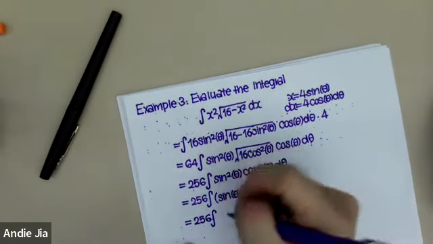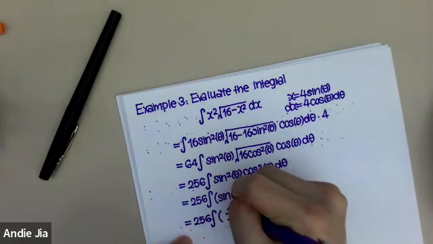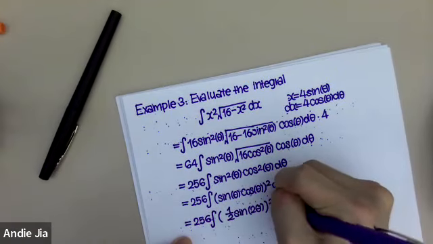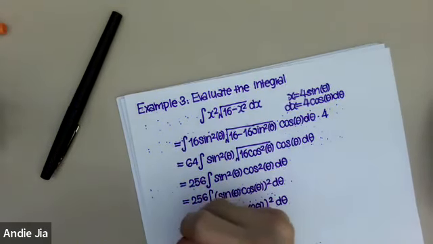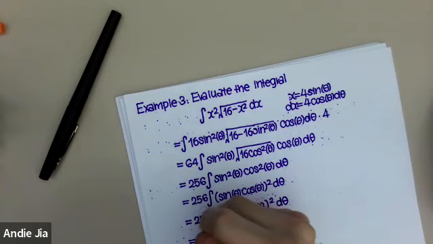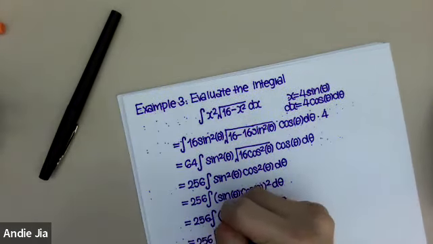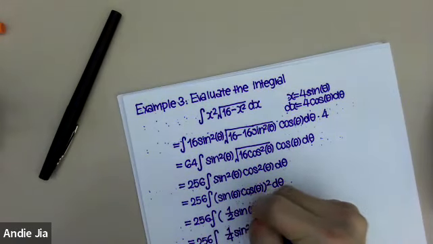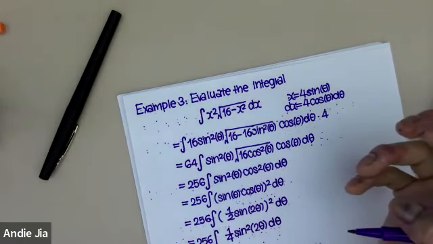It's going to be 1/2 sine of 2 theta squared d theta, and then it's going to be 256 times the integral of 1/4 over sine squared of 2 theta d theta.